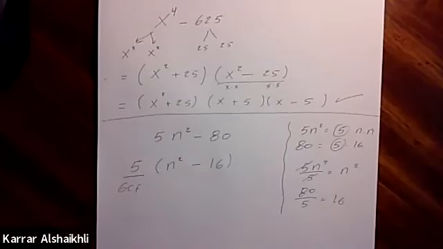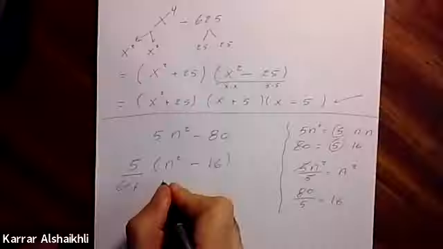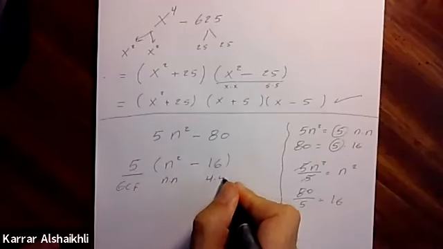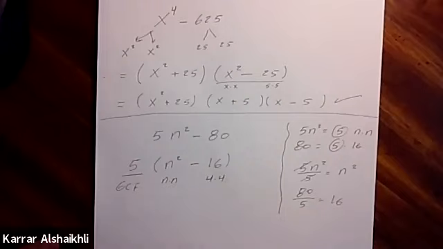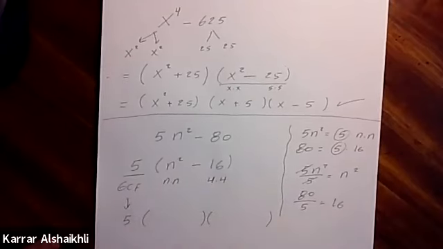Now check the rest between the parentheses. Can you use the difference between two squares? Yes. Why? Because n squared is n times n, and 16 is 4 times 4. So here is the GCF. I'm going to open two parentheses, one plus, one minus.